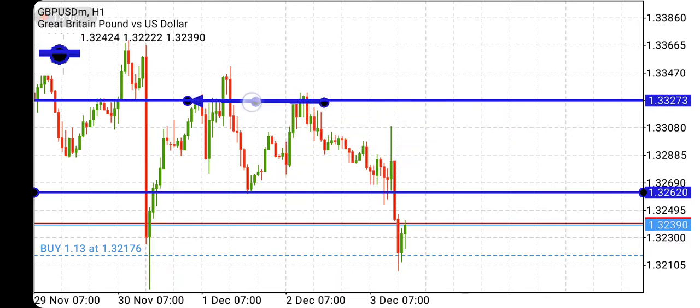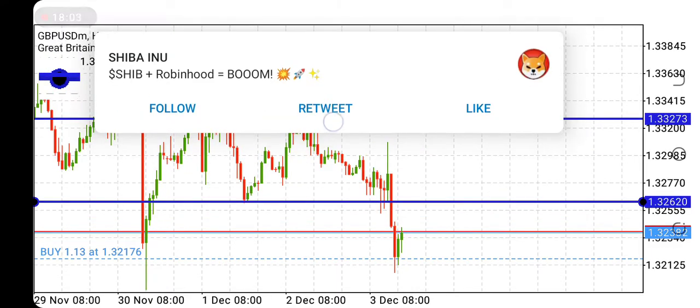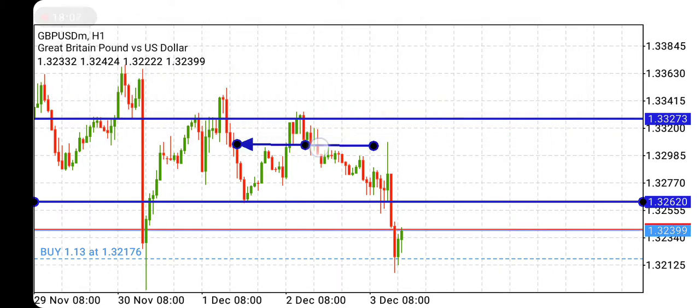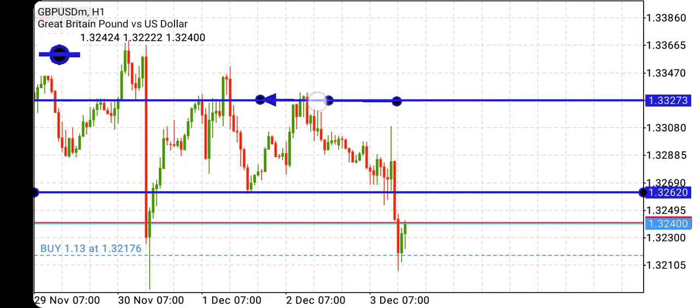So we can see that there is a fight here. There is a little concentration over here whenever the market gets to this place, because we have a history here, one here, another one here, and then another one here.